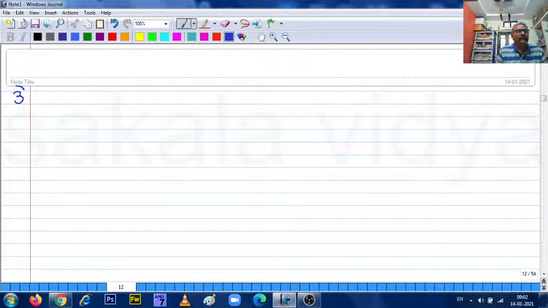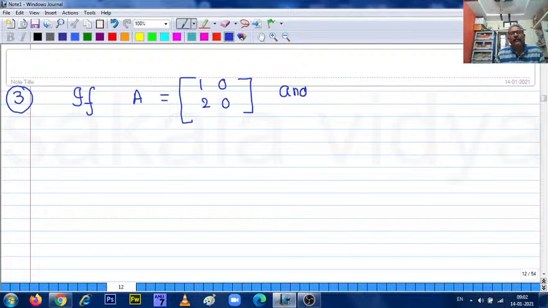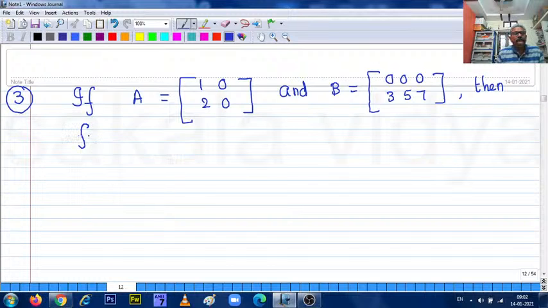Now, third example. Let us discuss the third example. If A equals [[1,0],[2,0]] and B equals [[0,0,0],[3,5,7]], then find AB.